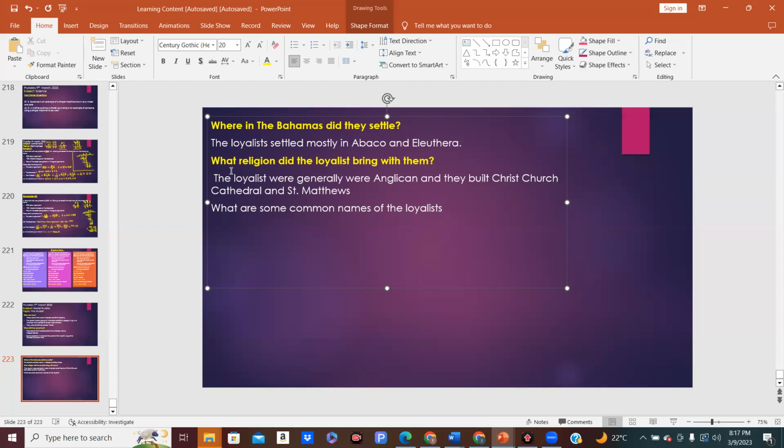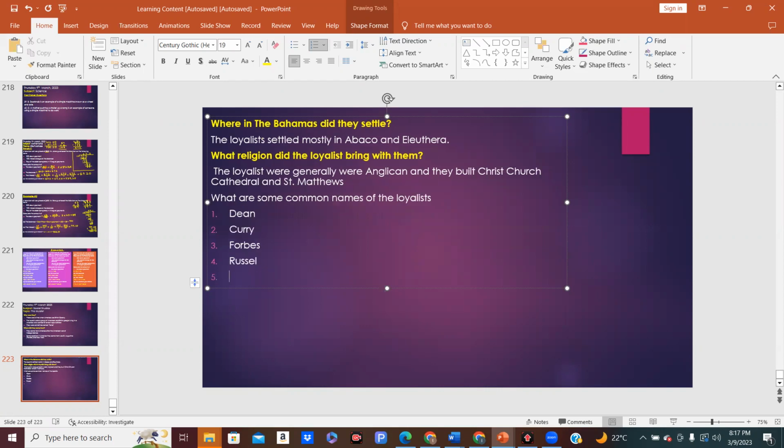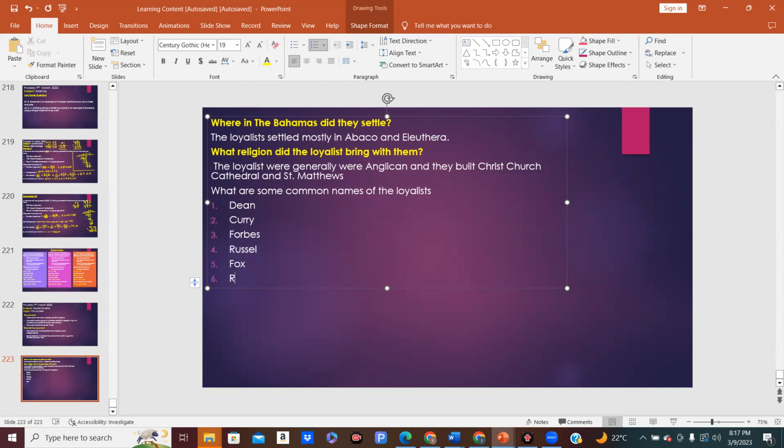Okay, so some common last names of the loyalists are Dean, Curry, James, Forbes. I don't know if you know anyone who's Forbes. Russell, Fox, Rolle.